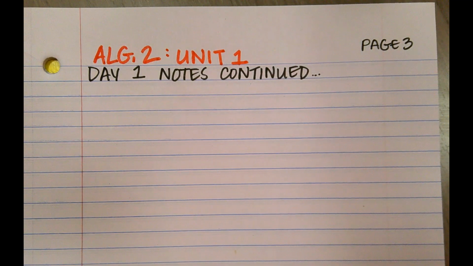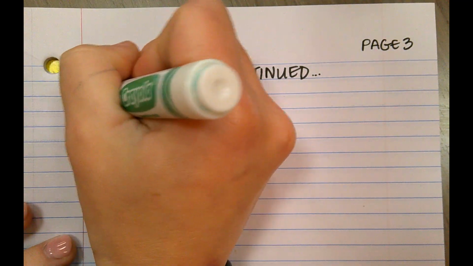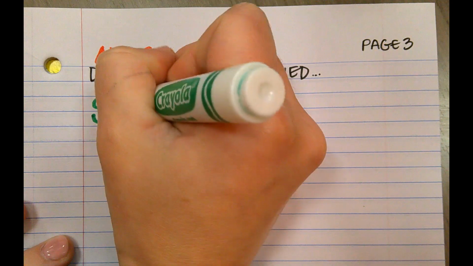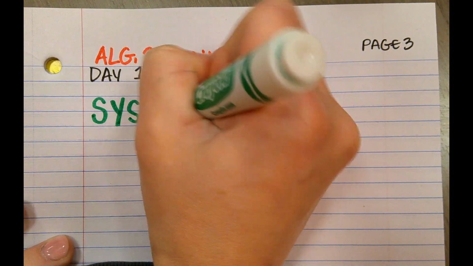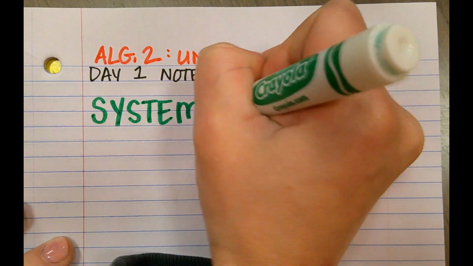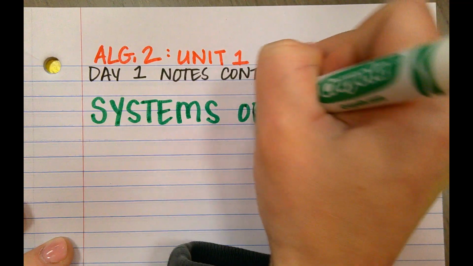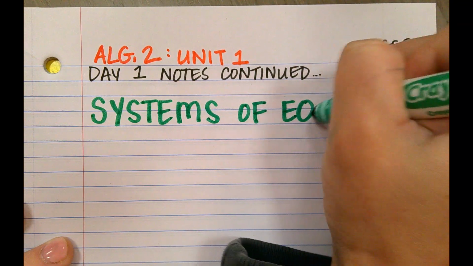So we're going to use all of those things that we just talked about, but now we're going to put them in context of, we'll title this, systems of equations.